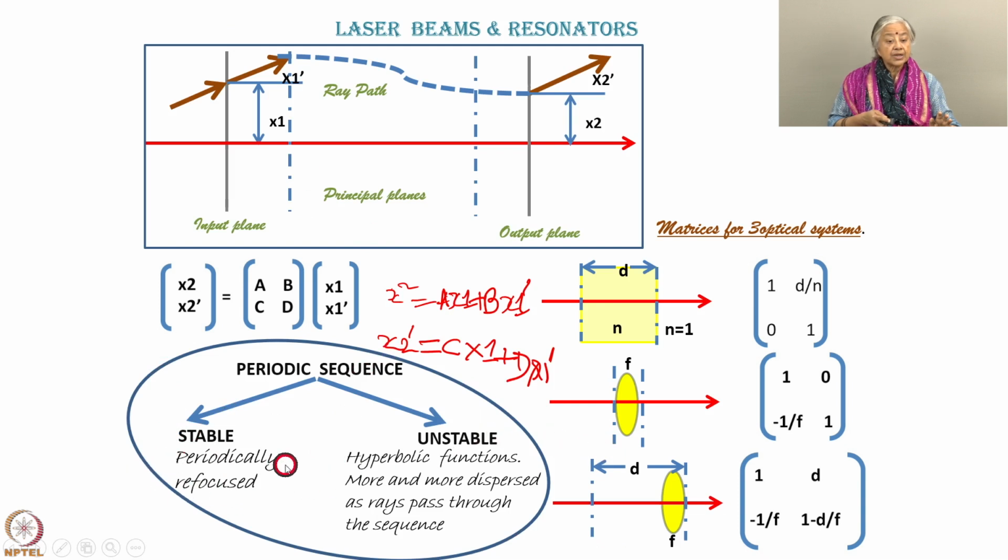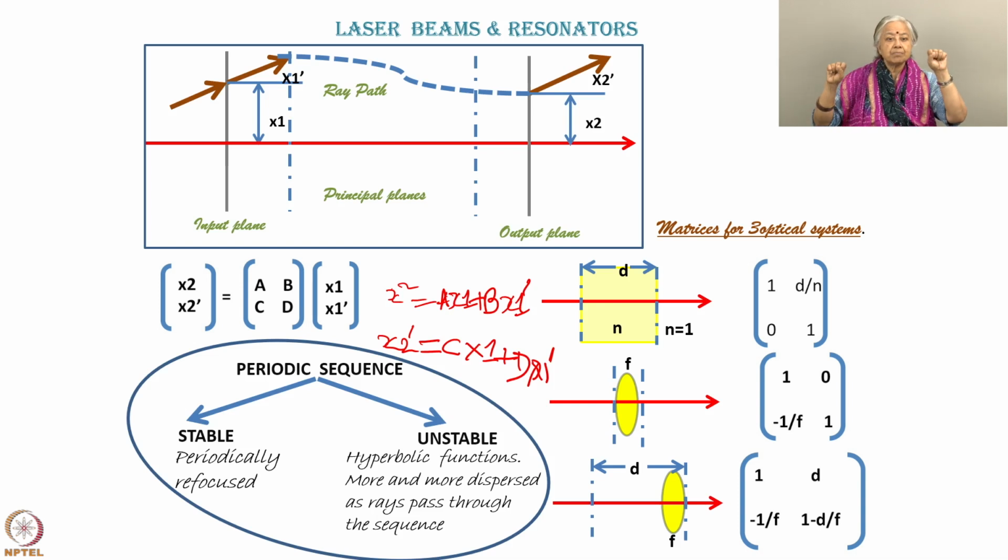So, what do I mean by stable or unstable? Stable means periodically the whole beam gets focused, your ray gets focused. Unstable means there is a hyperbolic function which comes into the picture, more and more dispersed as the rays pass through the sequence. So, as the rays are passing more and more through these elements, it is getting defocused and it comes out as a very wide beam.